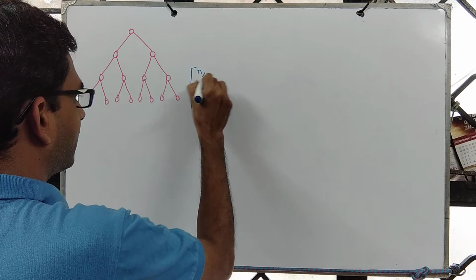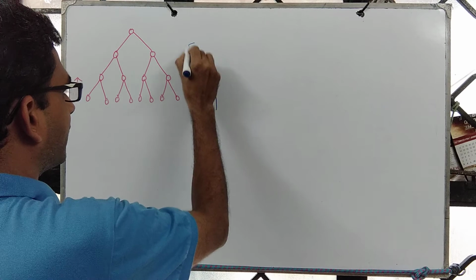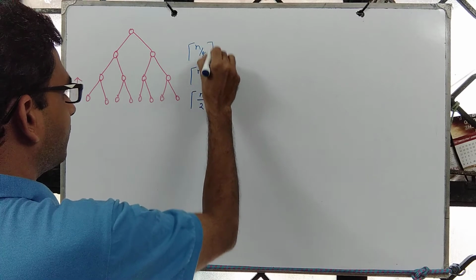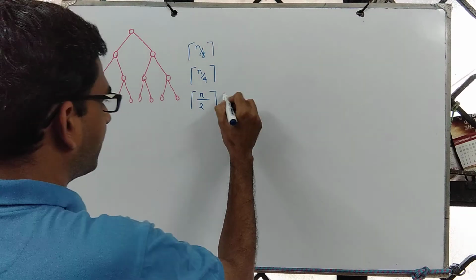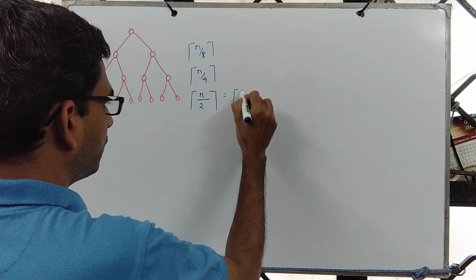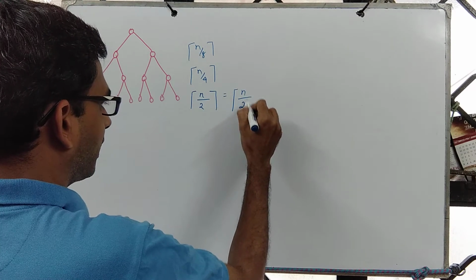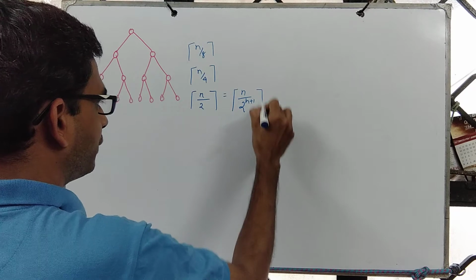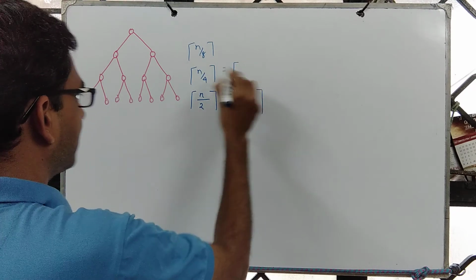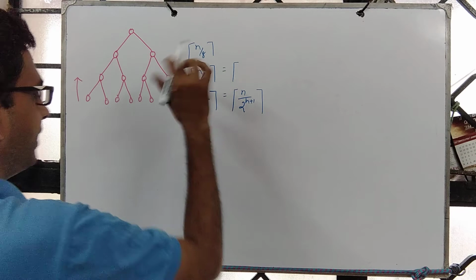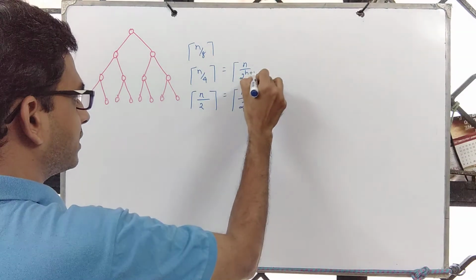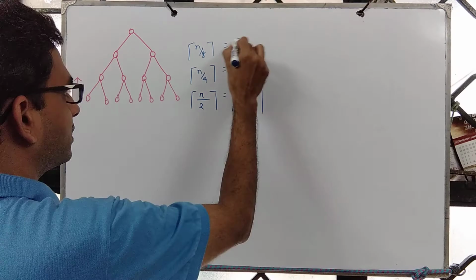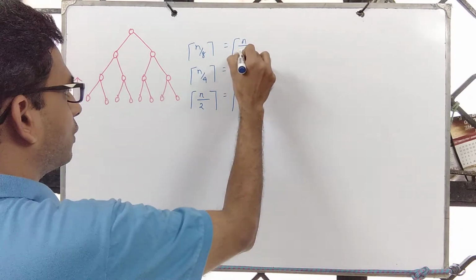At this level, there are n by 4. At this level, there are n by 8. You can also see this as a heap of height 0, and this you can see as a heap of height 1. So this is a heap of height 2.